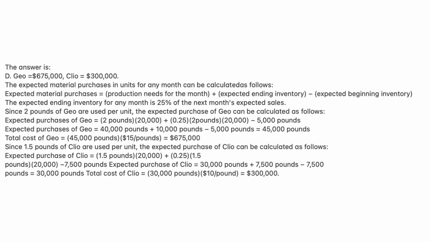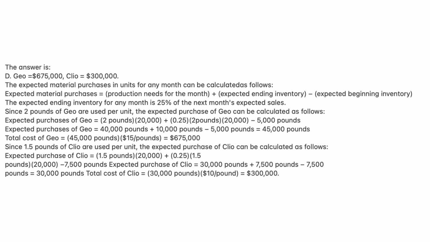Expected purchases of Geo equals 2 pounds times 20,000, plus 0.25 times 2 pounds times 20,000, minus 5,000 pounds. Expected purchases of Geo equals 40,000 pounds plus 10,000 pounds minus 5,000 pounds equals 45,000 pounds. Total cost of Geo equals 45,000 pounds times $15 per pound, equals $675,000.